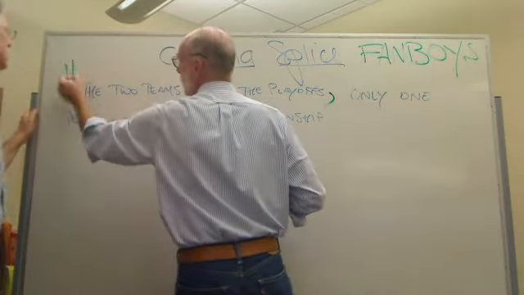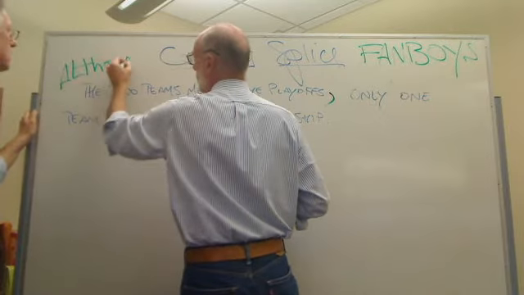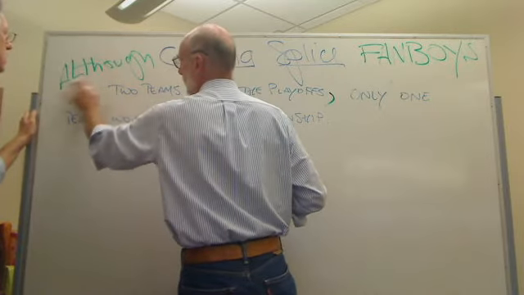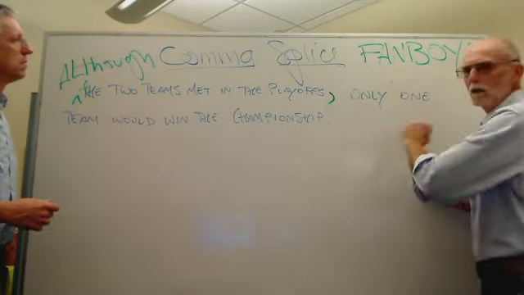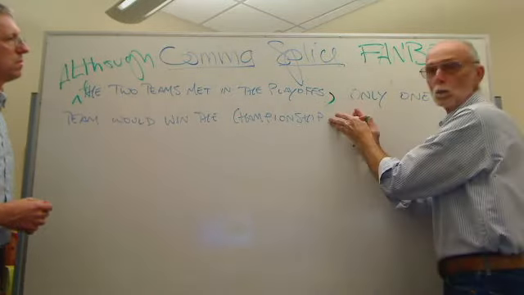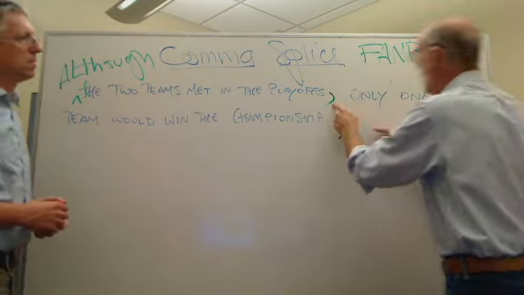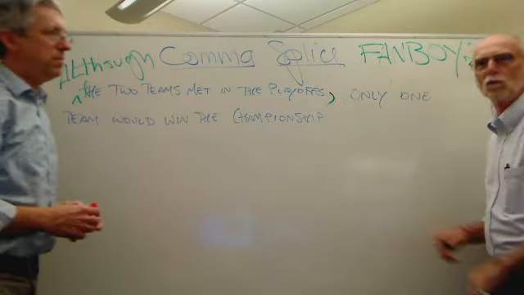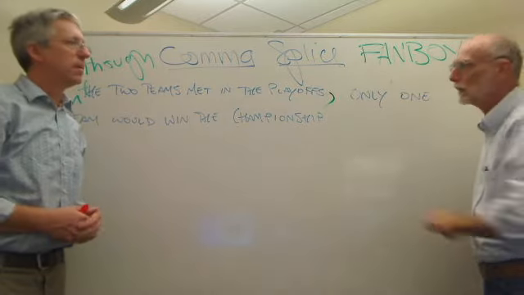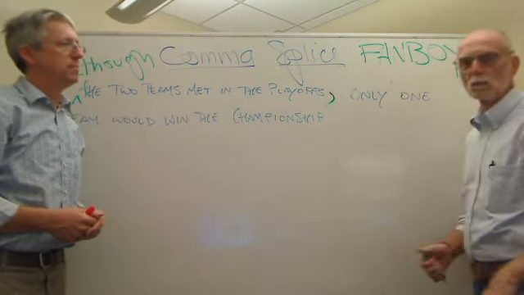So although the two teams met in the playoff, comma, because this is an introductory subordinate clause, we need that comma there, only one team would win the championship. So that's our fifth and final way of joining clauses that were originally a comma splice.